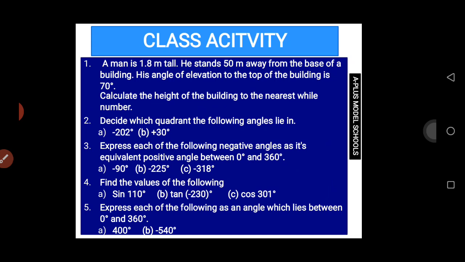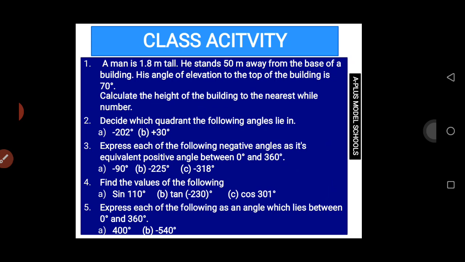So this comes to the end of our class for today. And you have 5 class activities here, which I'm expecting you to submit by Friday, latest by Friday. So you have a question on angle of elevation and depression using the trig ratios that we have done before. Don't forget, you still have to go and try and recollect and memorize the special angles, which are the trig ratios: sine 30, sine 45 and sine 60, cos 30, cos 45 and cos 60, then tan 30, 45 and tan 60.